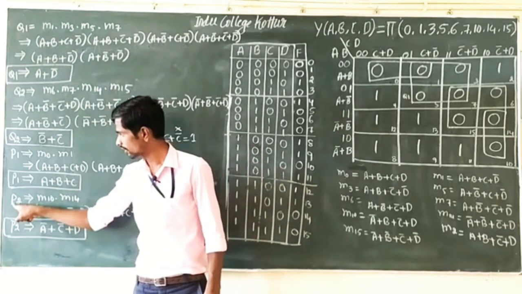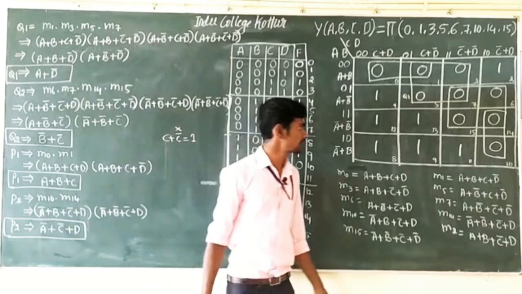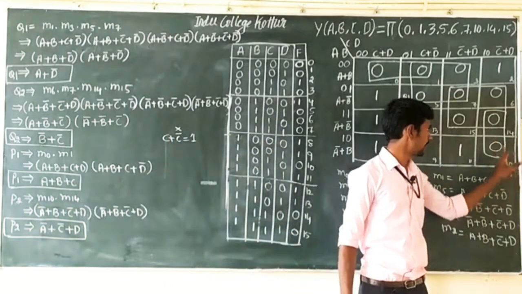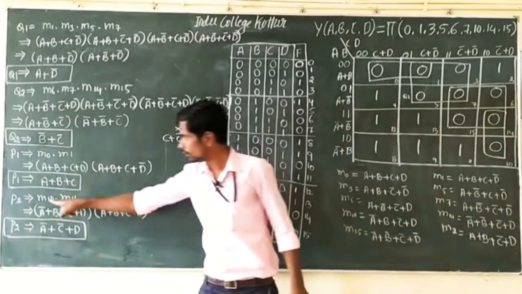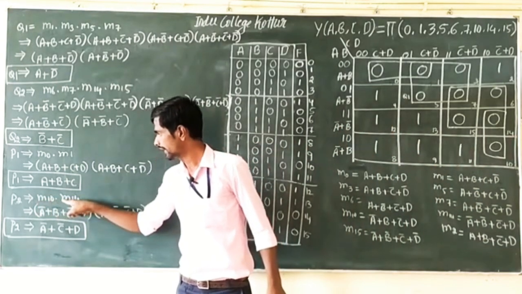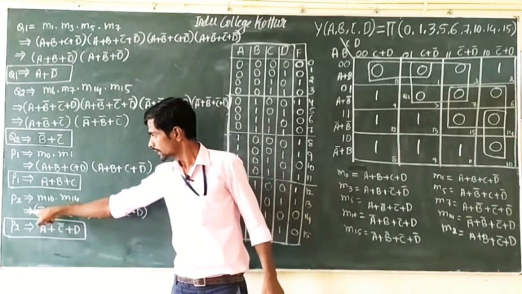Next we have to solve pair 2. Here is pair 2, M10 into M14. Pair 2 equals M10 into M14.